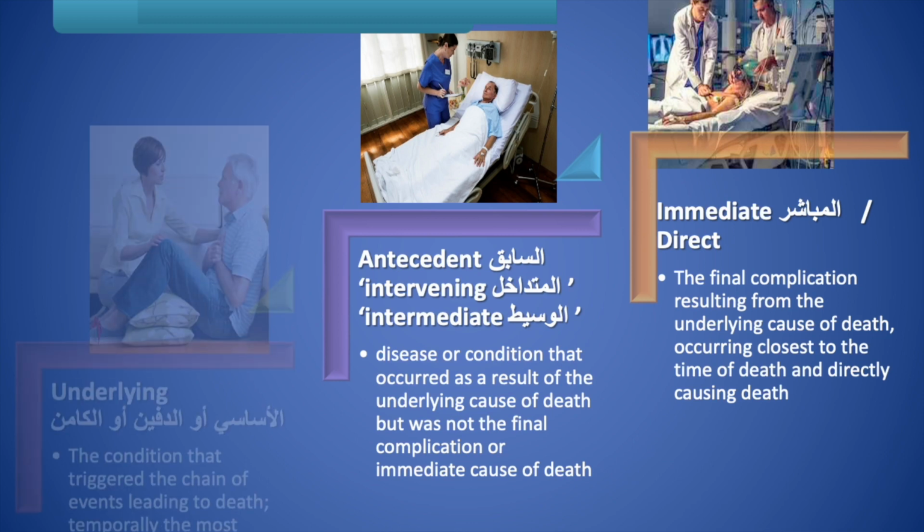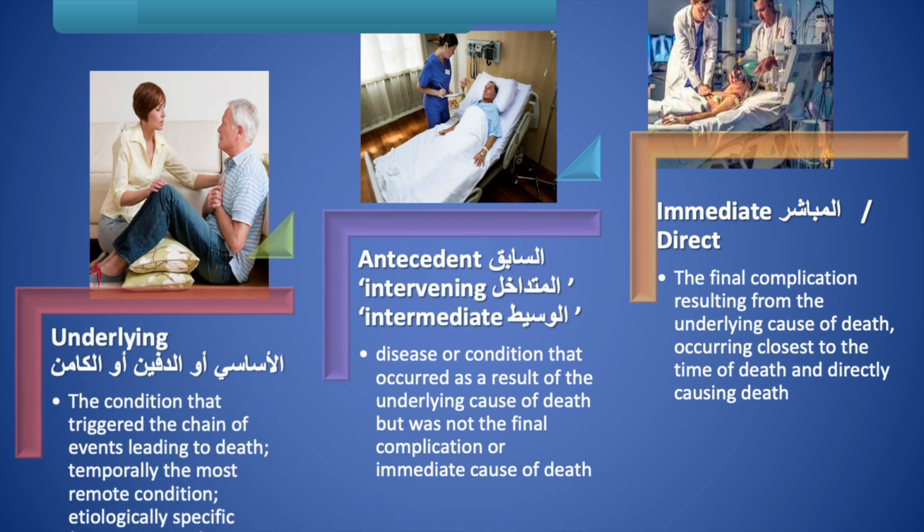Okay, so the underlying cause is the condition that triggered the chain of events leading to death, temporally the most remote condition. So the deep cause of death, the starting point of the cascade of events leading to death, or the hidden real cause of death that caused the whole process leading to death. This is the underlying cause.